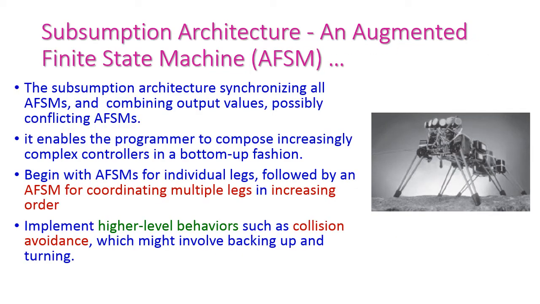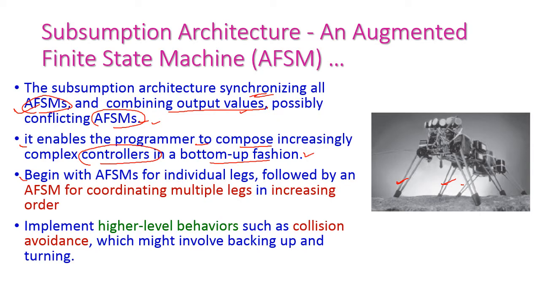And now it is important to synchronize all the finite state machines by combining the output values, and these output values may be conflicting sometimes, because if we implement all the AFSMs at the same time, conflicts may occur, right? So it enables the programmer to compose increasingly complex controllers in a bottom-up fashion. Bottom-up fashion means first the finite state machine will control one single leg, and then it may try to control 2 legs, 3 legs, likewise.